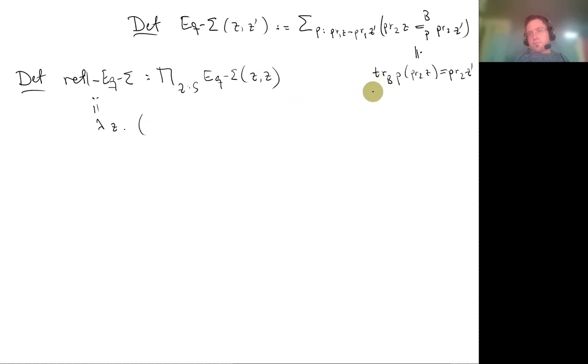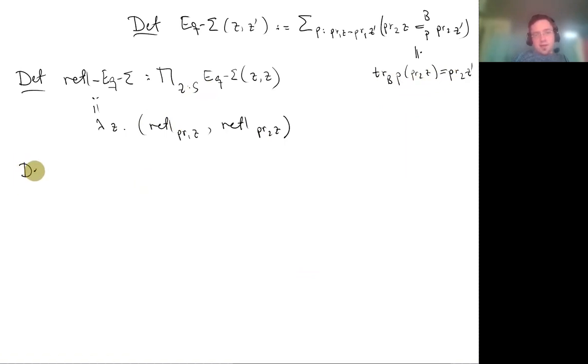If z prime is judgmentally equal to z, we can take reflexivity of the first component. And then because transport along a reflexivity is judgmentally the identity function, the type of the second component reduces to PR2 of z equal to PR2 of z. And there we can use reflexivity again. So this witnesses that we have a reflexive relation.